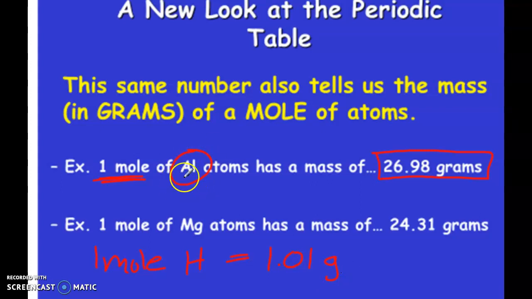So this just translates for us, if you were to weigh it on a scale. Let's say I had aluminum foil, and I want to check how big 1 mole is using aluminum foil. Well, I'd have to take out my scale and weigh out 26.98 grams. What you would be looking at is probably a square, not too big. Don't waste your aluminum foil at home.